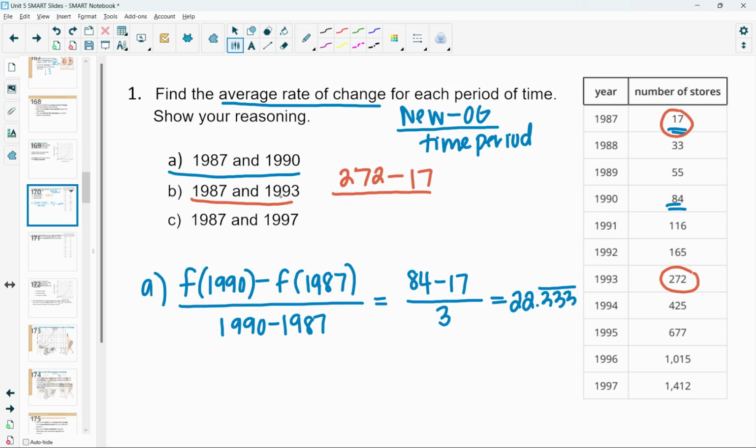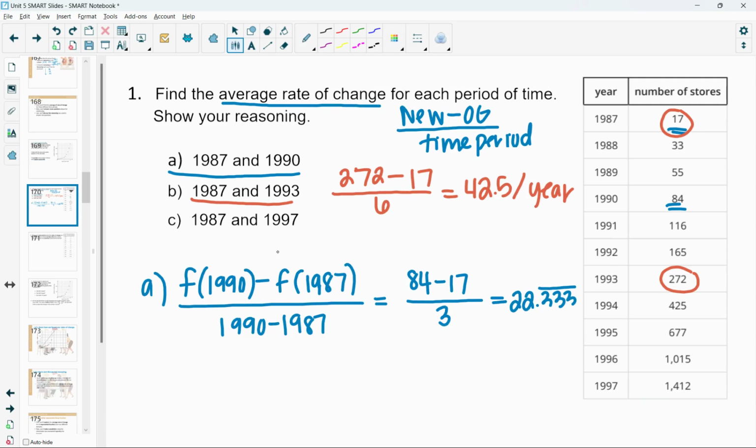And on the bottom, we would do 1993 minus 1987, the number of years in that period, and that's 6 years. When we divide that down, we get 42.5. So in that time period, we increased the number of stores by 42.5 stores per year. That's what we're finding here.